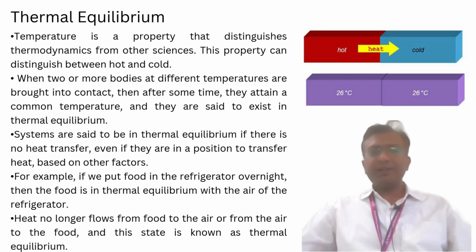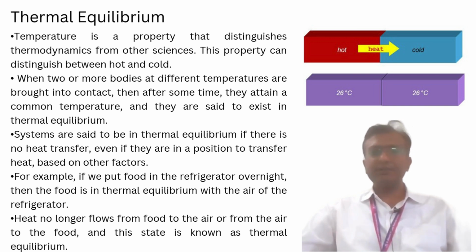To bring this concept home, let's consider a real-life example that most of us encounter regularly. That is a refrigerator. When we put food in a refrigerator overnight, the food is usually warmer than the air inside the fridge.